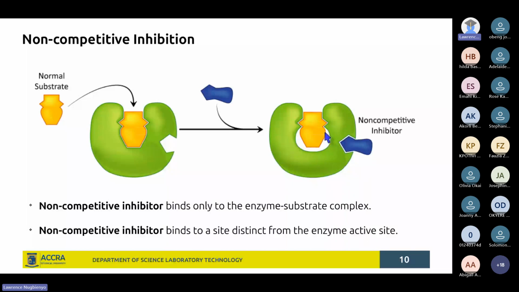So the enzyme no longer fits the substrate, and so the reaction is then inhibited. You see that clearly with this diagram, that there is no competition between the inhibitor and the substrate for the active site of the enzyme.